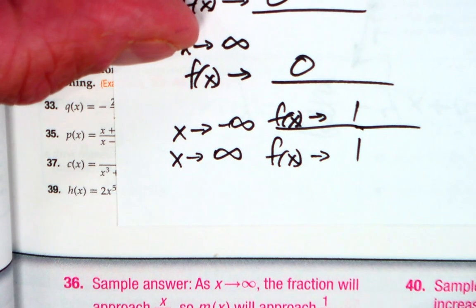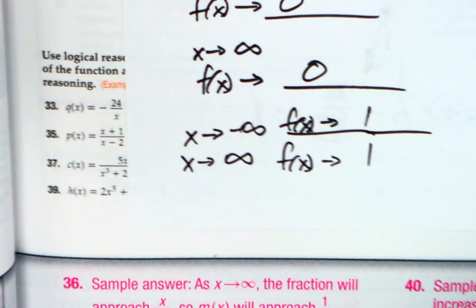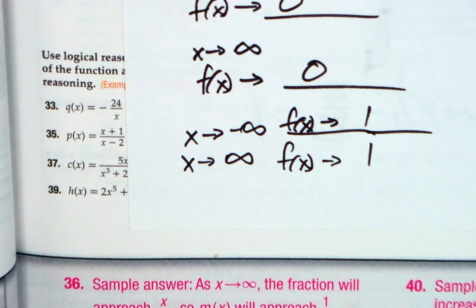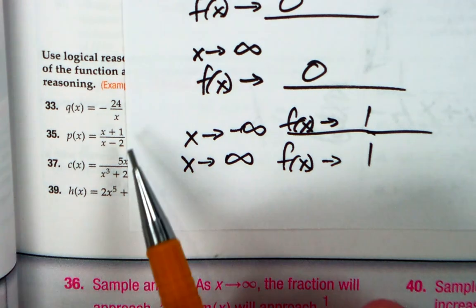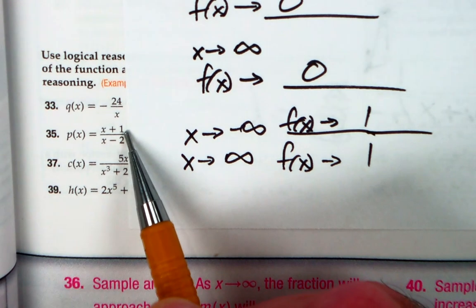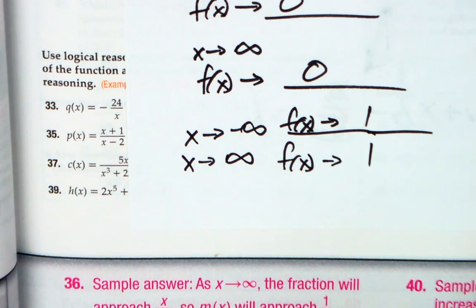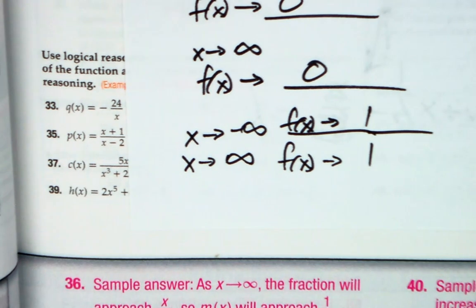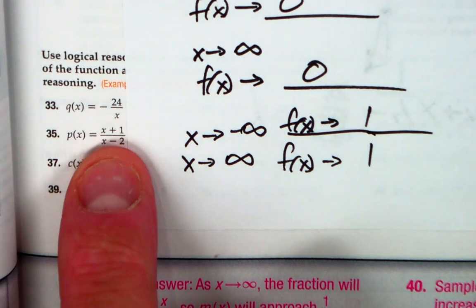But here's what I want you to think about. When I plug in numbers that are bigger and bigger and bigger, does this plus 1 really make that much difference? No. Does the minus 2 really make that much difference? No. So what you have is a battle between your numerator and your denominator. They're both getting bigger, and the plus 1, who cares?